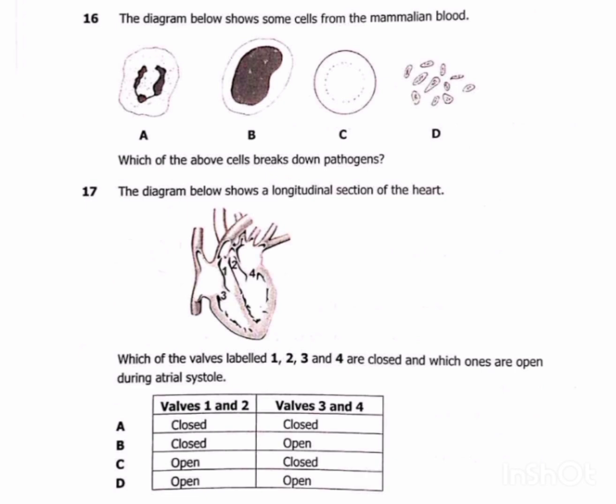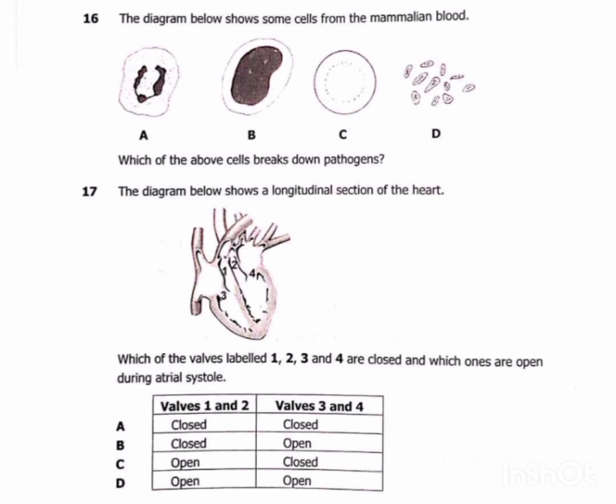Which valves do we have on top? We have valve 1 and valve 2. Valve 1 is the pulmonary semilunar valve, and valve 2 is the aortic semilunar valve. So these two valves should close. Valve 3 is the tricuspid valve, and valve 4 is the bicuspid valve.